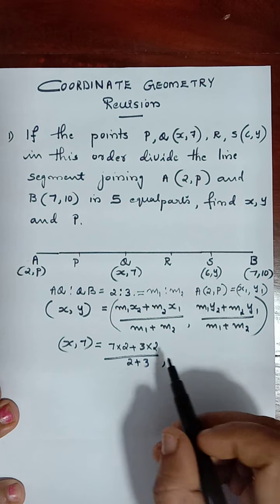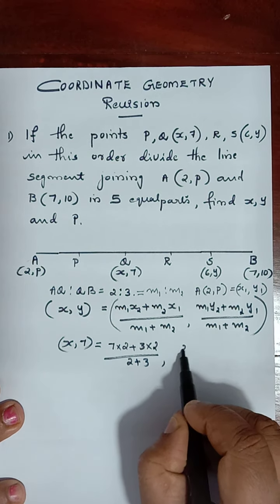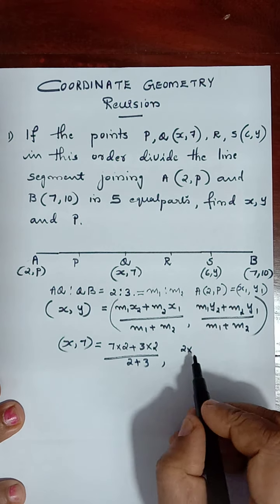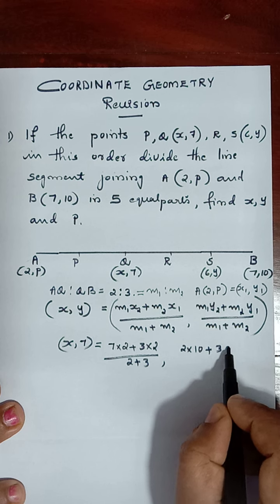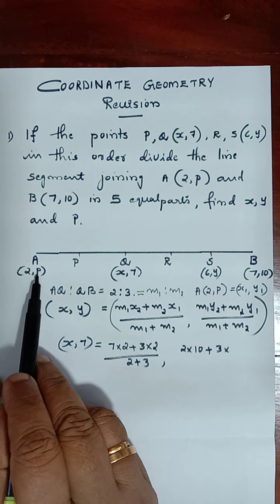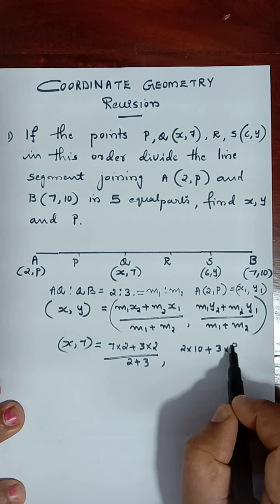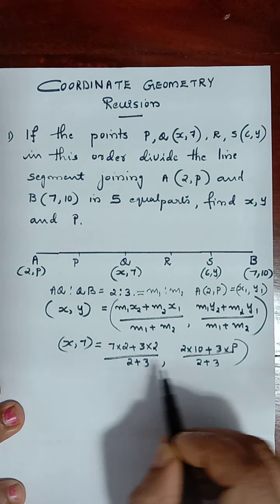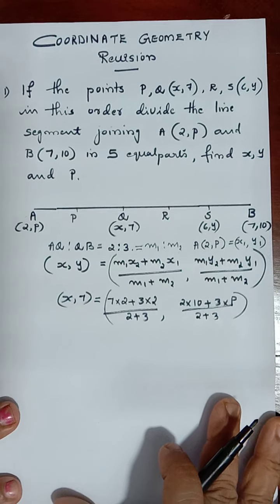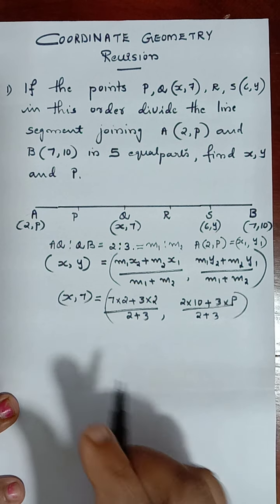Same way, m1 which is 2 into y2, which is 10, plus m2, which is 3, into y1, which is p, divided by m1 plus m2. Here we have to simplify and get the values.